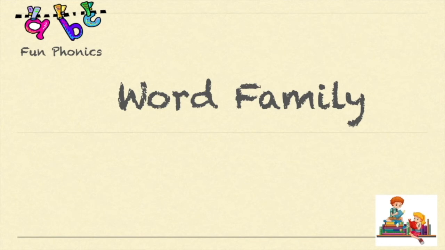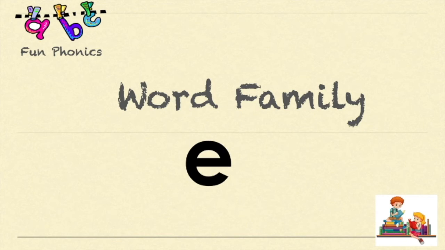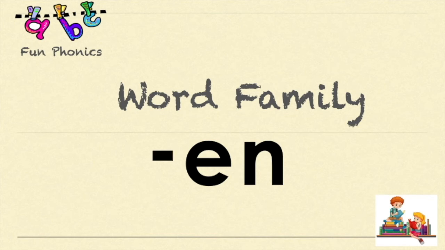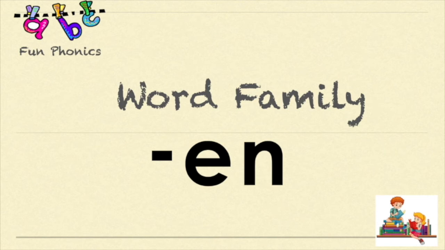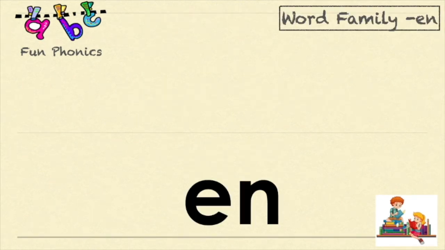It's Phonics Day, so let's learn a new word family. This is letter E. The sound of E is eh. Next is letter N. The sound of N is N. Let's put another letter at the beginning.